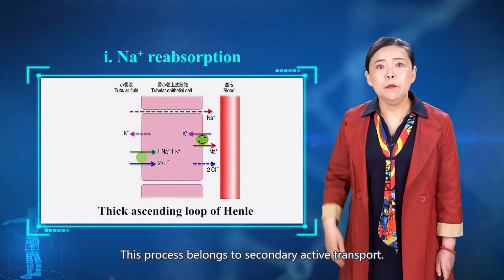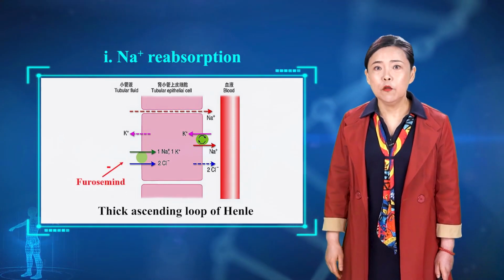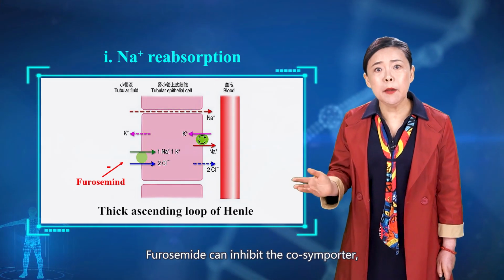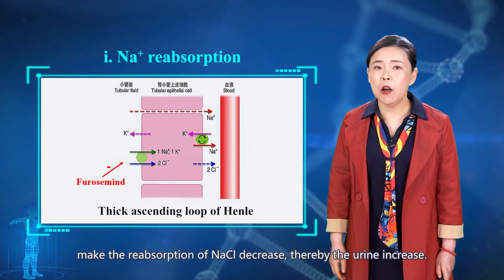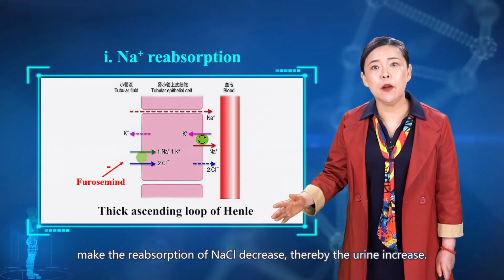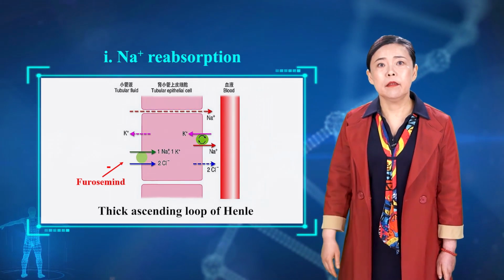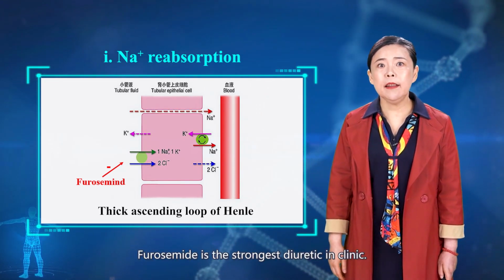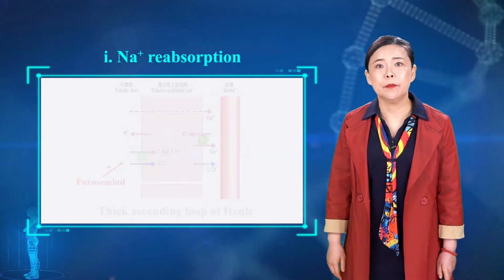This process belongs to secondary active transport. Furosemide can inhibit the co-importer, making the reabsorption of sodium chloride decrease, thereby increasing urine. Furosemide is the strongest diuretic in clinic.